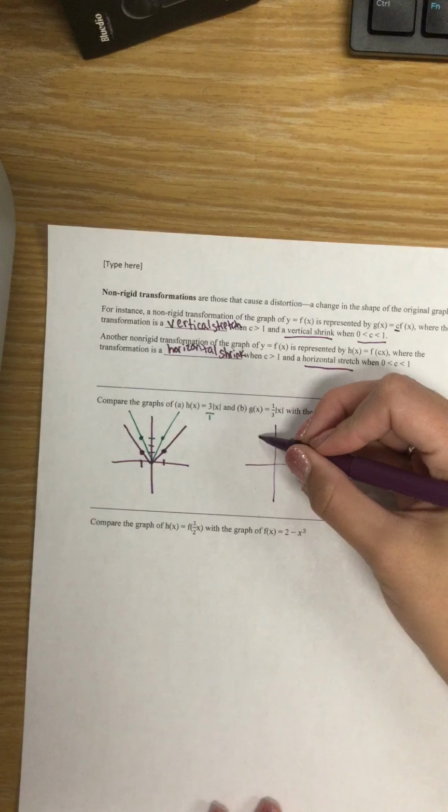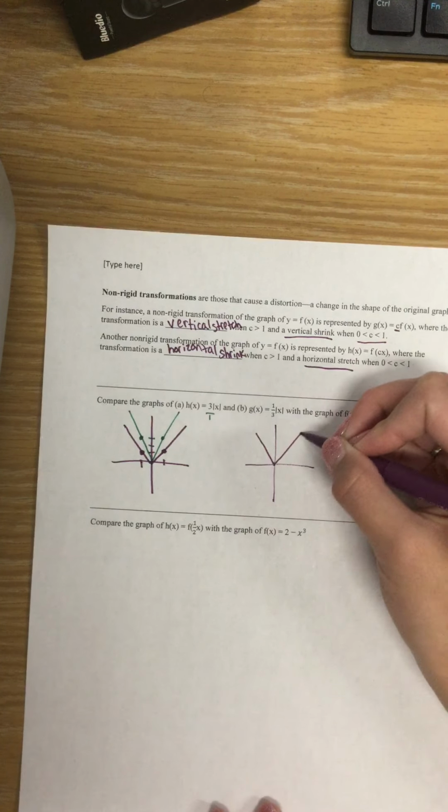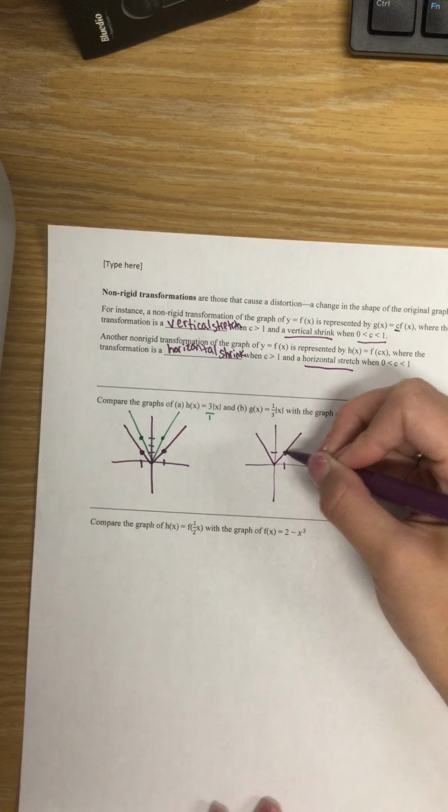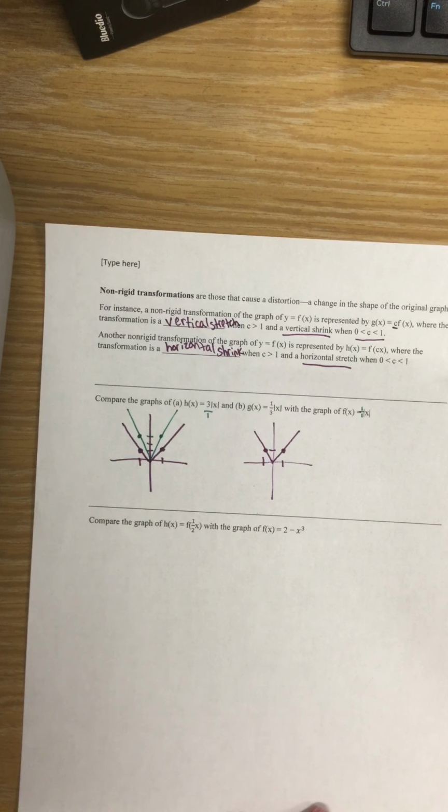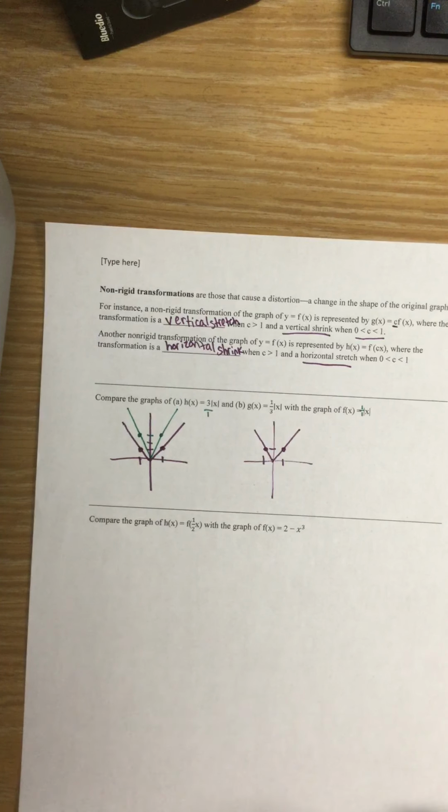So let's look at this next one here for 1/3. We know this is the parent function, the purple one. That's just your normal absolute value function. But if we want to go to 1/3, it's going to look a bit different. When we are looking at the 1/3 graph, it's actually a vertical shrink.